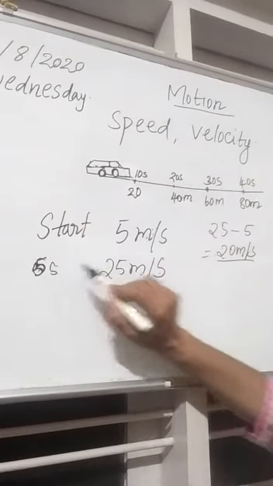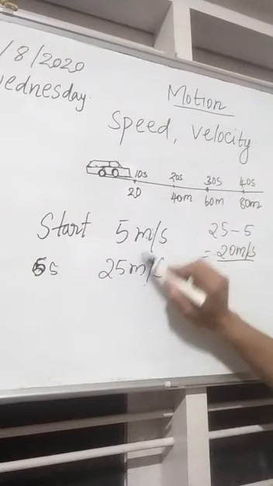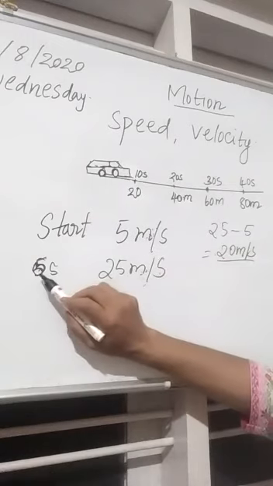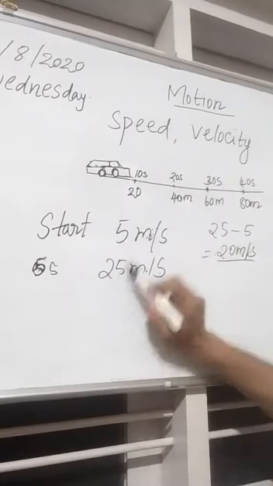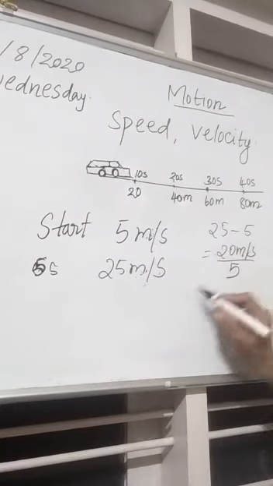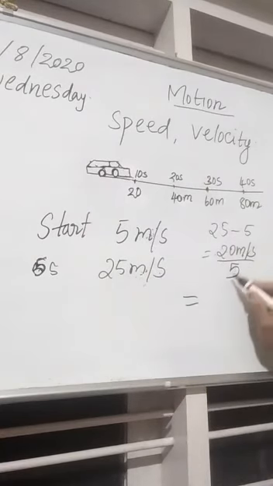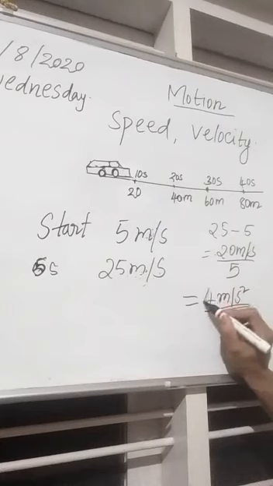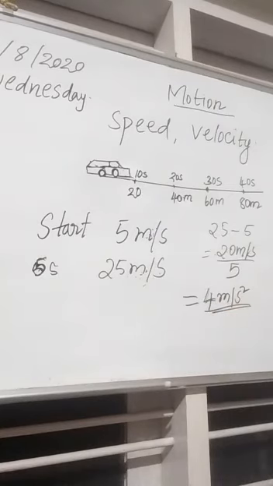So the difference between the speeds divided by the time taken to attain it gives you the acceleration. 20 by 5 is 4, isn't it? So 4 meter per second square is called your acceleration. You accelerated, your speed increased, isn't it? The increasing speed is known as acceleration.